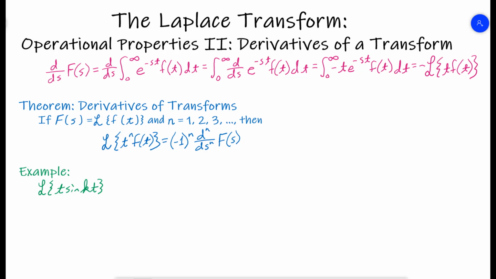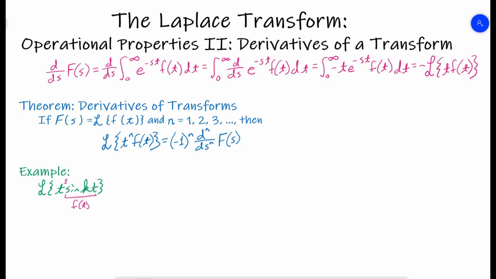So we need something in the form t to the n f of t. Well, we have t obviously out in front, and it's unwritten, but it's raised to the first power. And then we have the sine of kt. That's a great choice for f of t here, right?